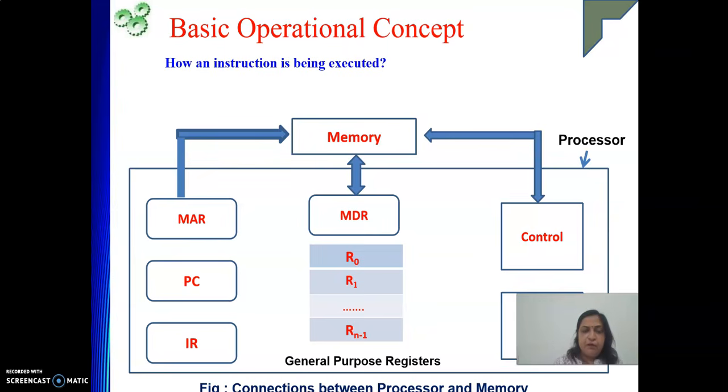So here, in discussing the very basic operational concept, we will be saying how one instruction is being executed. Already you know what an instruction is. We write assembly language programs in this course. In assembly language programming, one statement is nothing but one instruction.